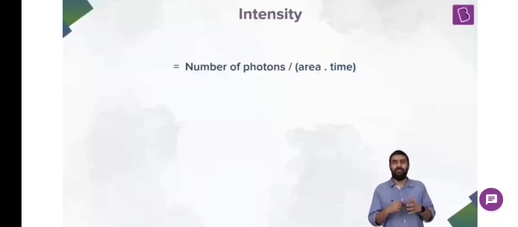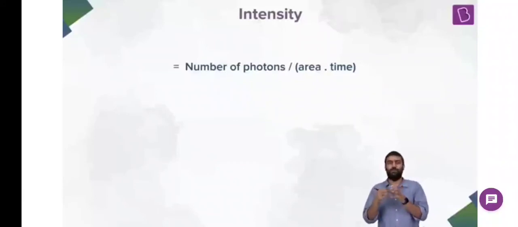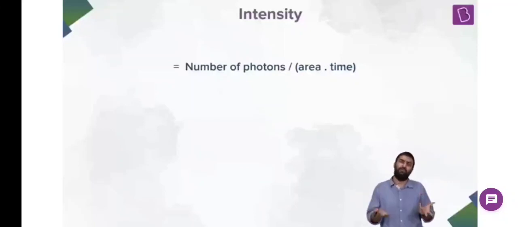We can also say that if we have a bright light, it has a lot of photons. If you have a dull light, it has a lot fewer photons. But the point is, a large number of photons can also be scarcely distributed over a large area and it could become a dull light. Let me say it again.